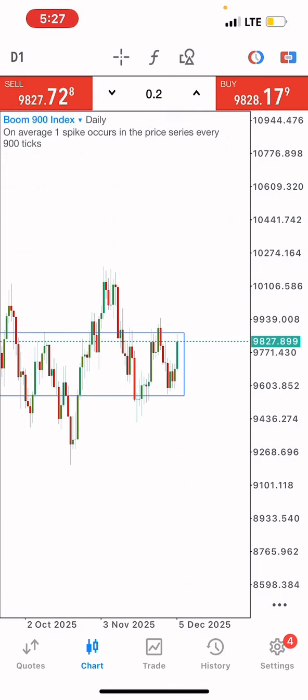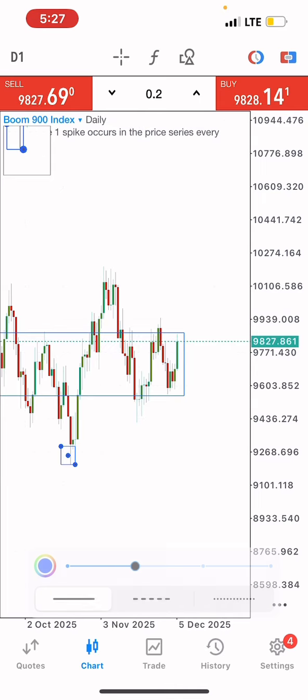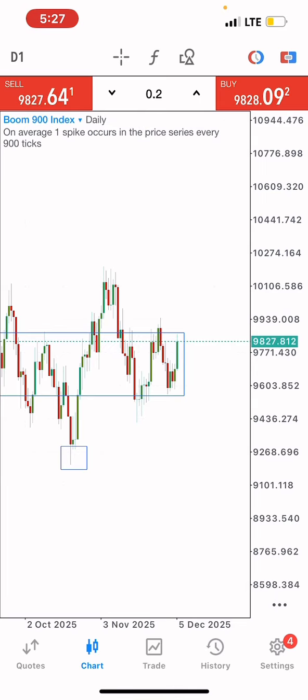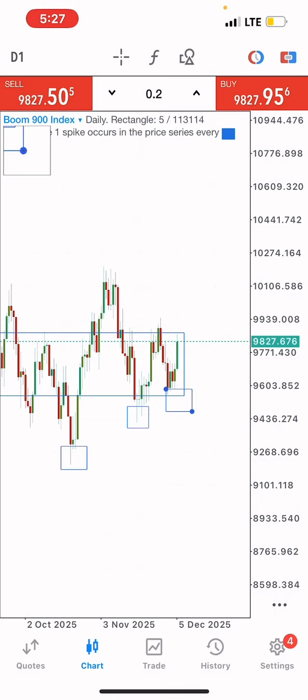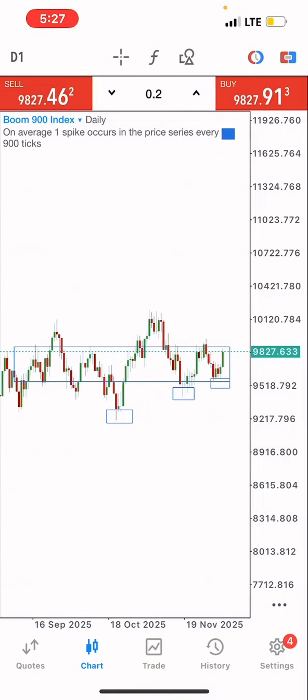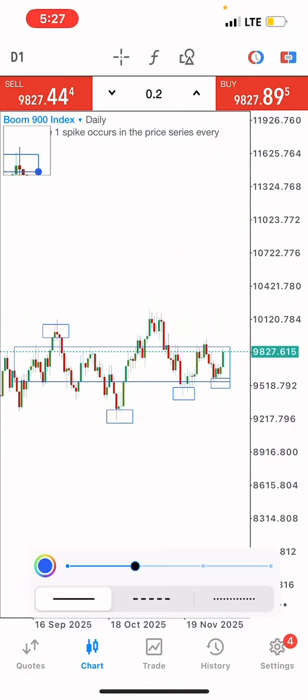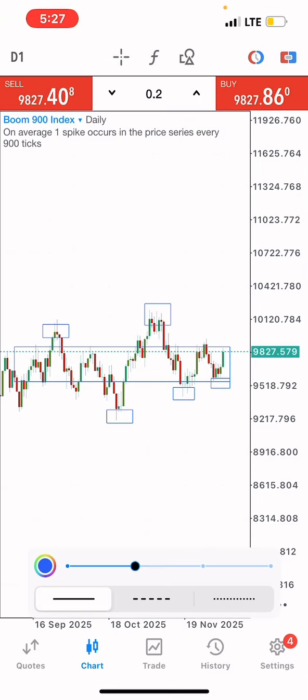I'm going to zoom in closer and look at it. I'm still seeing higher lows, which I'm highlighting right now, and if you look closely, you'll see there are higher highs in this market. That tells us the bullish momentum I saw earlier is still very valid.